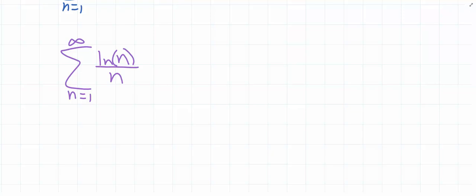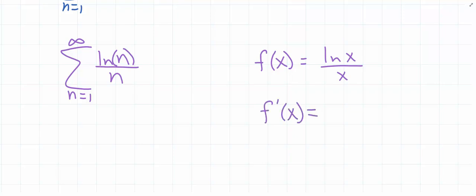So let's see. We've got f of x is equal to log x over x. Now let me differentiate. Derivative of the top is 1 over x times the bottom, right? Minus the derivative of the bottom times the top.